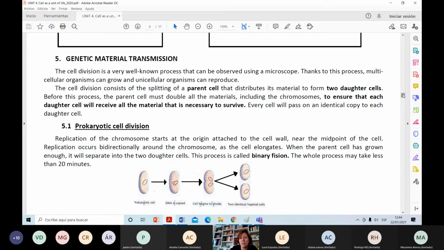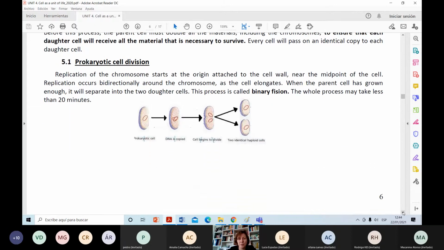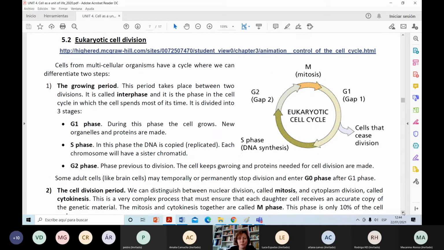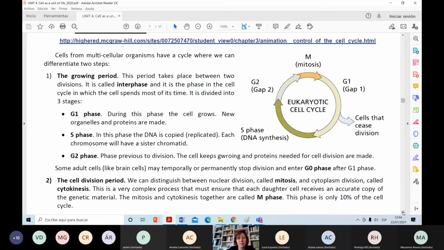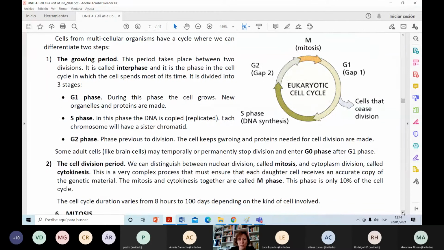So they don't differentiate G1, S, and G2. So for this part, it's better to either use the information that you had in your video or have a look at this information that you've got in the photocopy.